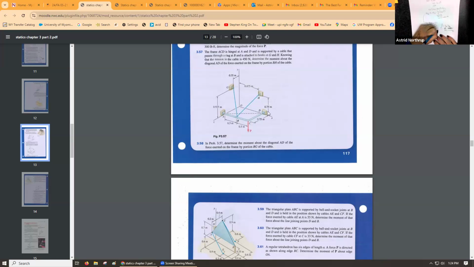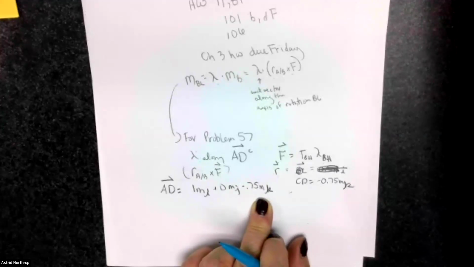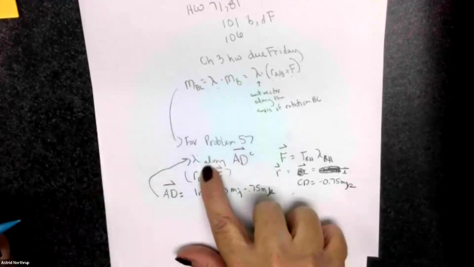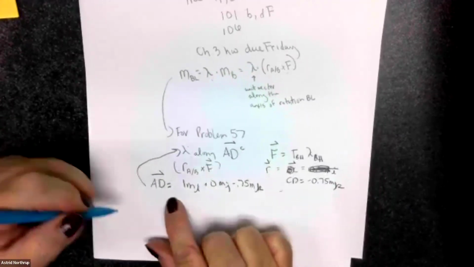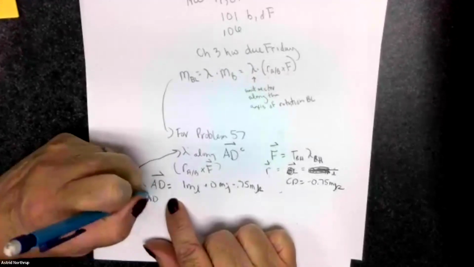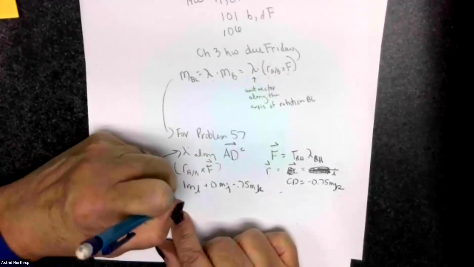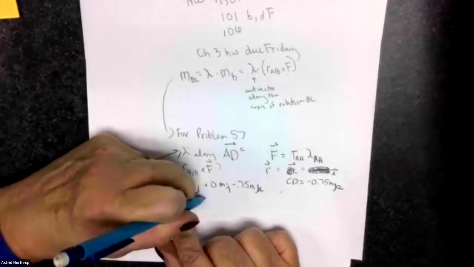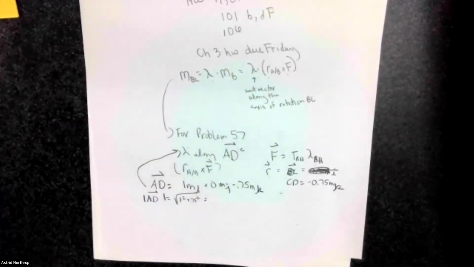So it's negative 0.75 meters in the K direction. All right. So the first thing I need to do is to find the unit vector along AD. So I have to find the length of AD, which is the square root of 1 squared plus 0.75 squared. Anyone have a number for me?